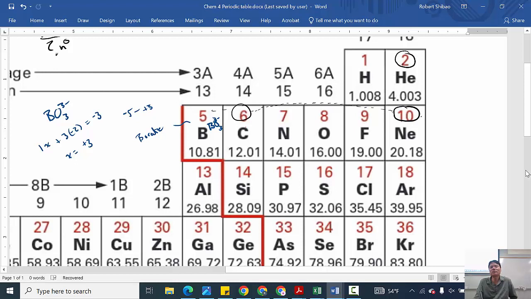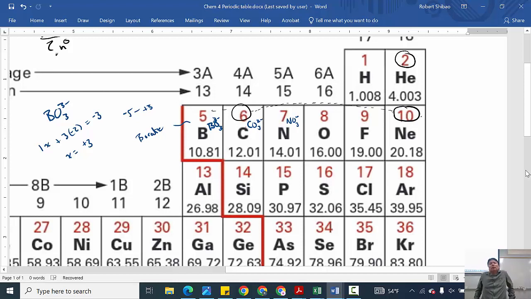All right, so you memorize borate. What's carbonate? CO3, 2 minus is the charge. So that's carbonate. What's nitrate? NO3, good. Charge? -1 is correct.